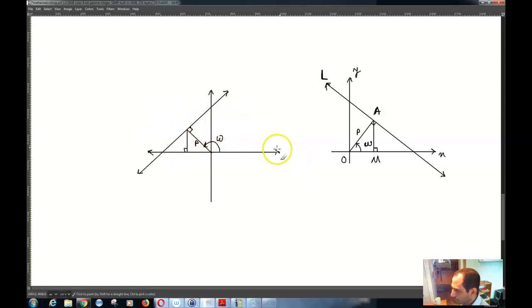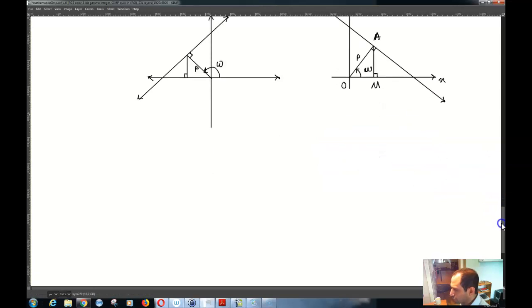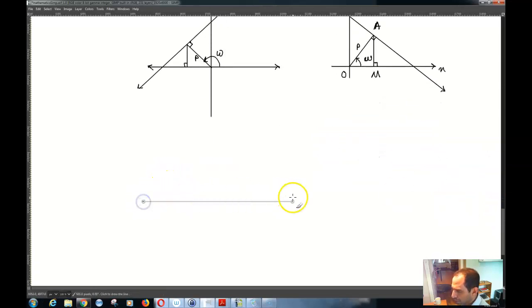Or you could have the line somewhere in the third quadrant, with the perpendicular distance from the origin and this would be your omega.